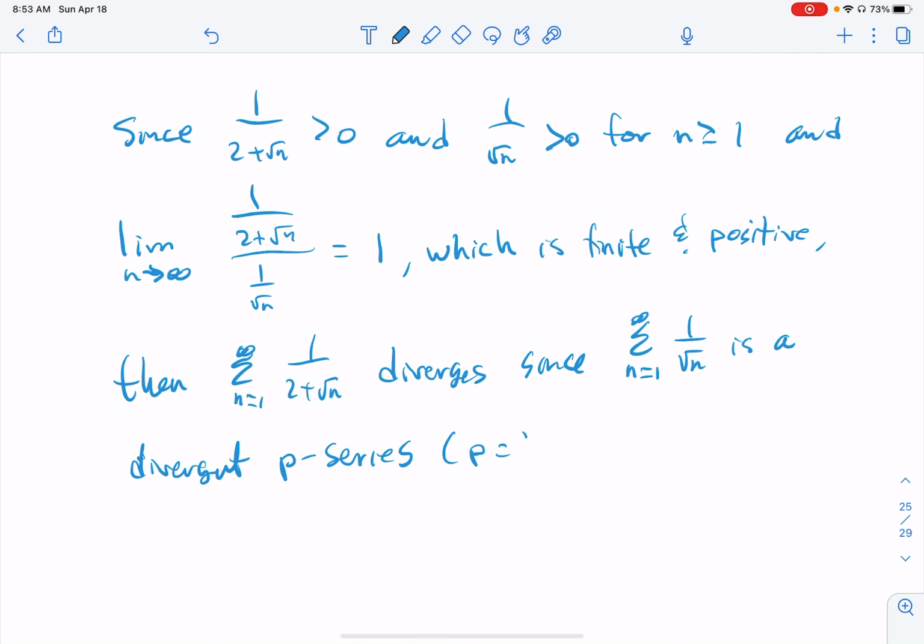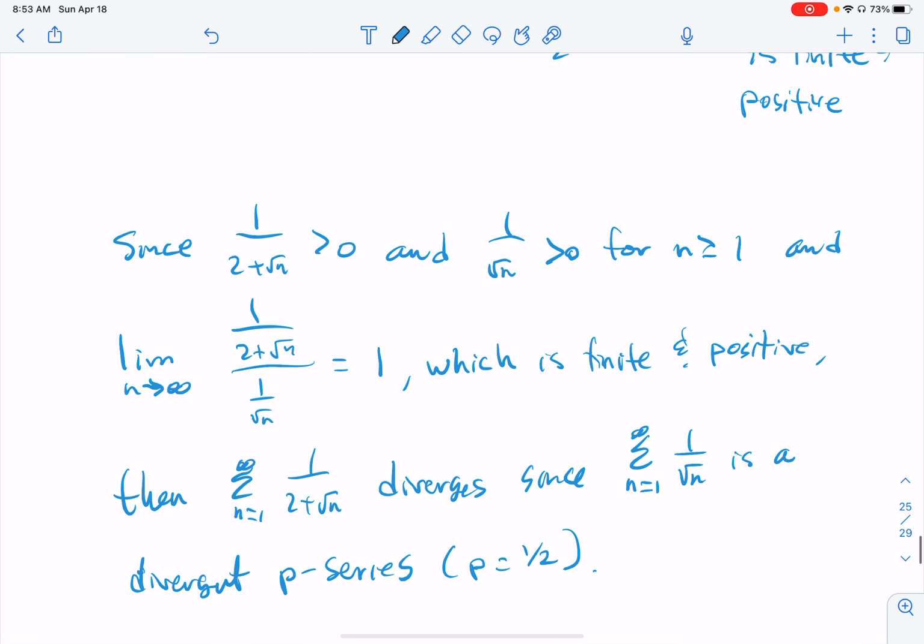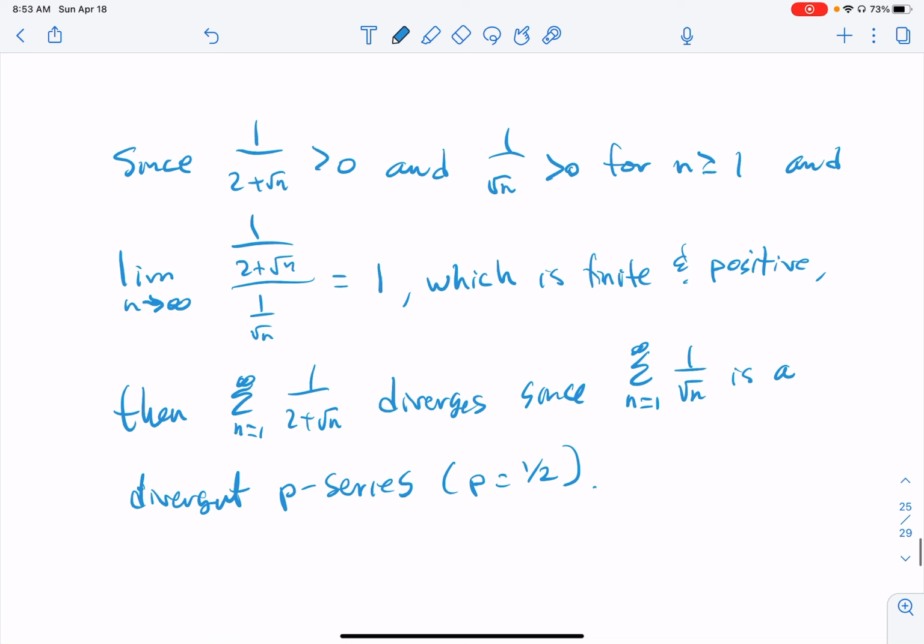Right, your p is equal to 1/2. Okay, there you go. That should be enough. That's the limit comparison test for you.